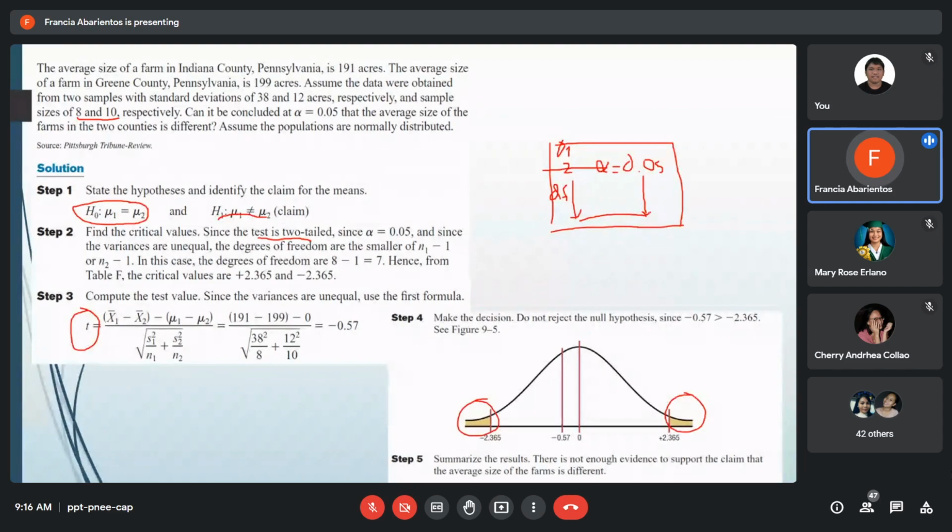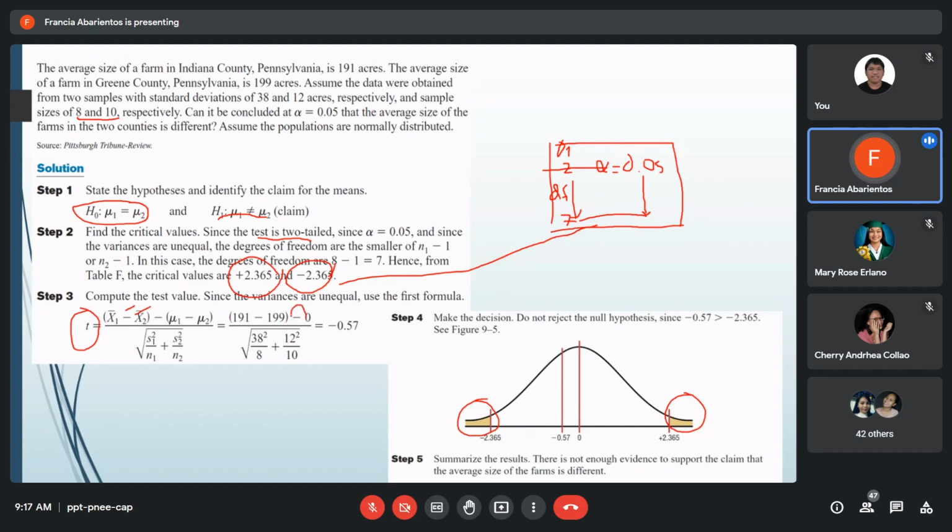Hence, from the critical table now, yung degree of freedom natin is 7 given alpha, so makukuha natin the negative and positive critical values, negative 2.365 and positive 2.365.